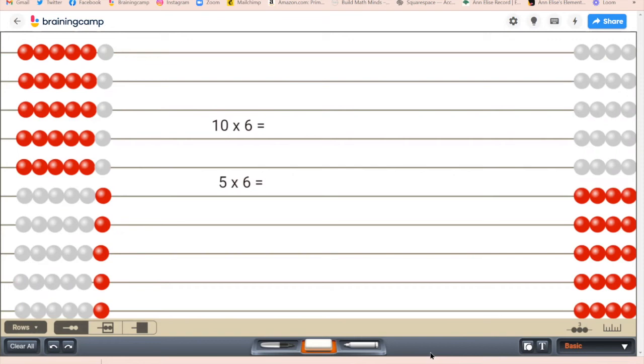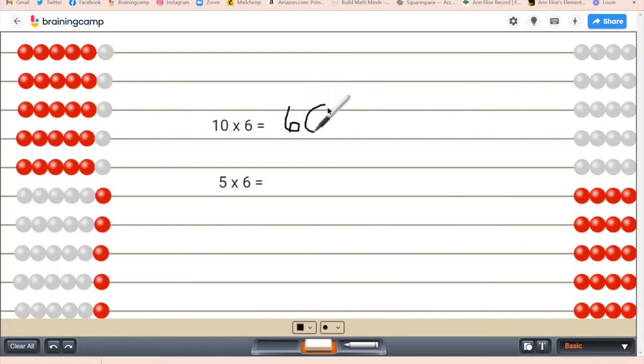You'll also notice the color coding changes at the 5 rows as well. So I know each of these rows has 6, one more than 5, and here is where I can see the second 5 that makes the 10 in all has kicked in. So all of these beads, I know the 10 groups of 6 must be 60.